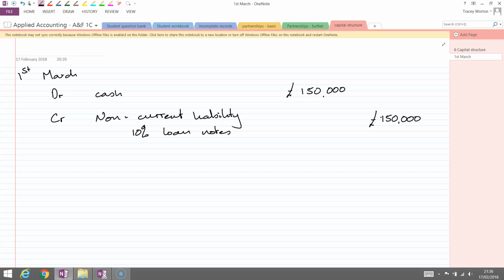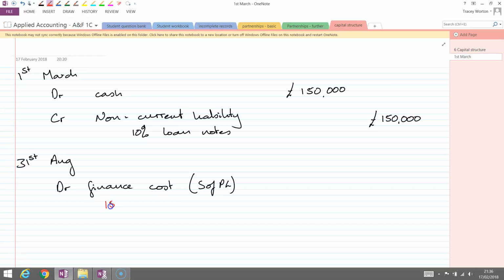Then on the 31st of August, when we've got the first payment of our interest, we're going to debit finance cost expense on the statement of profit and loss with the interest.